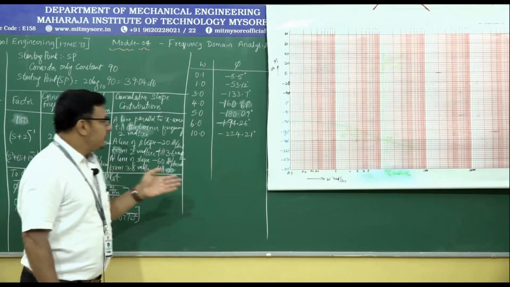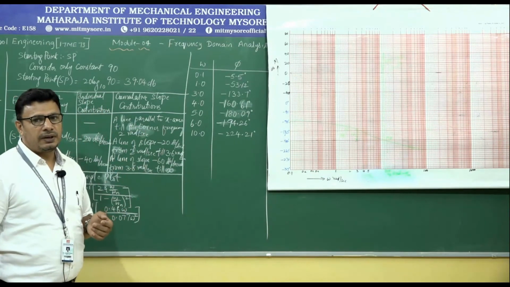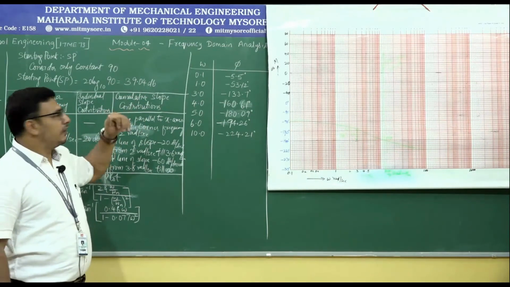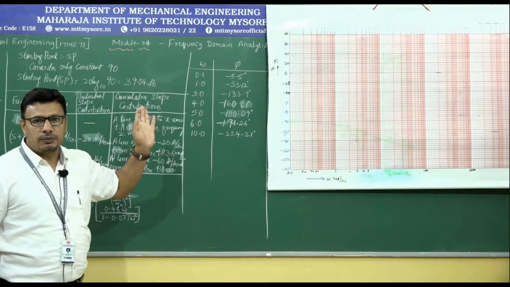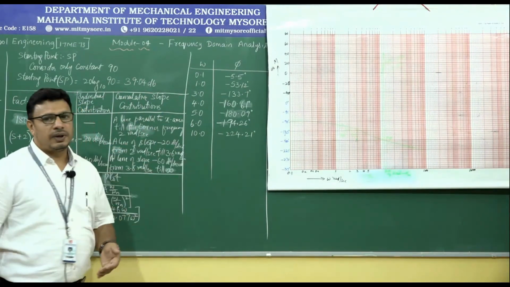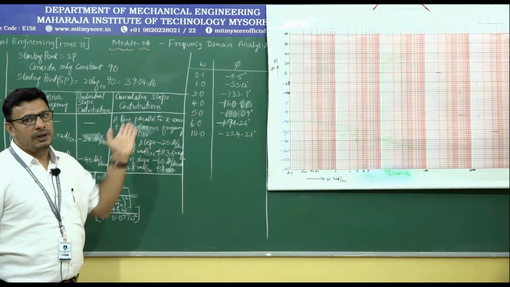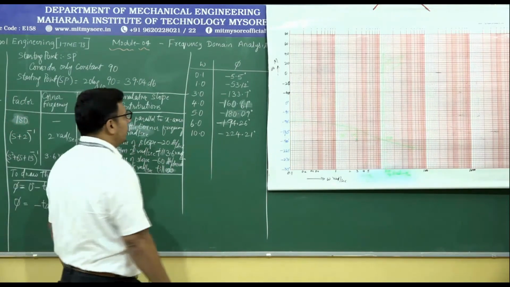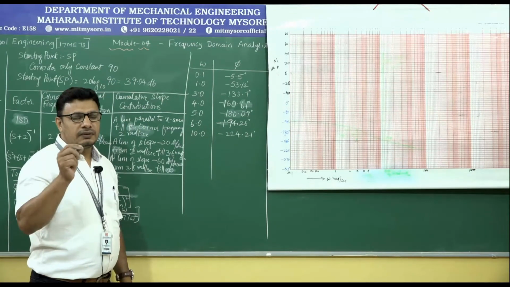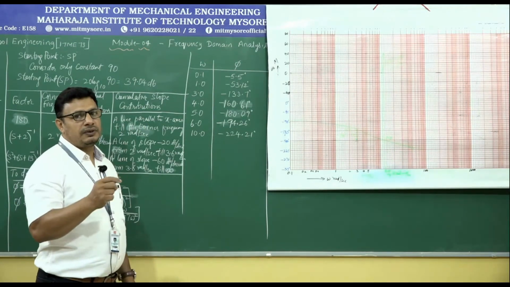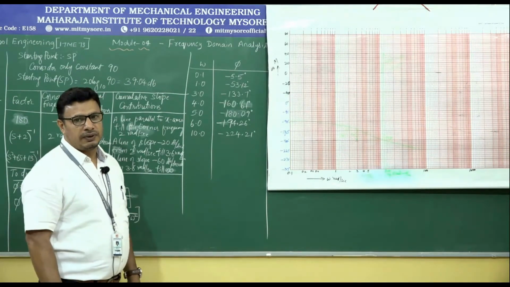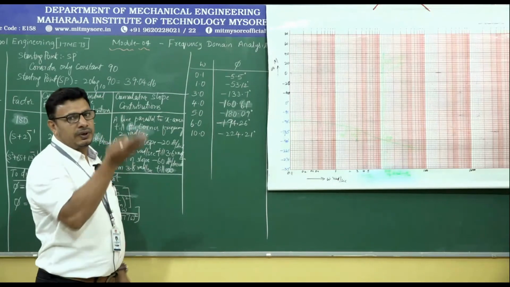Now when we start calculating the phase angle for various values of omega, since in the previously calculated starting point for magnitude plot, we had not assumed the starting frequency, now is the time when we have to assume the starting frequency for the phase angle plot at least. And there also we must ensure that the starting frequency that we will be assuming will give us the value of phase angle which, if we mark it on the phase angle versus frequency plot, comes above the minus 180 degree line.